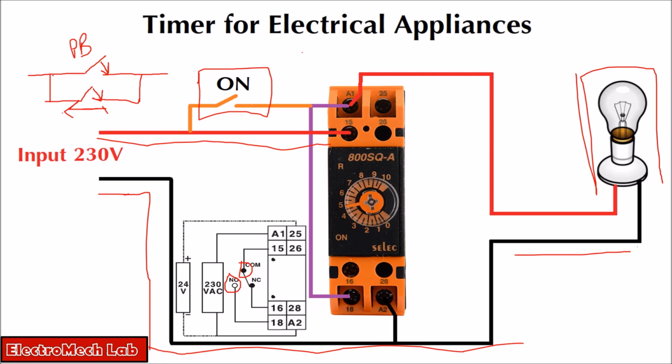So the power supply going to the timer will be cut, and the timer will be off. Again, if we want to start our load or this timer, we need to press this push button, and this cycle will go on.